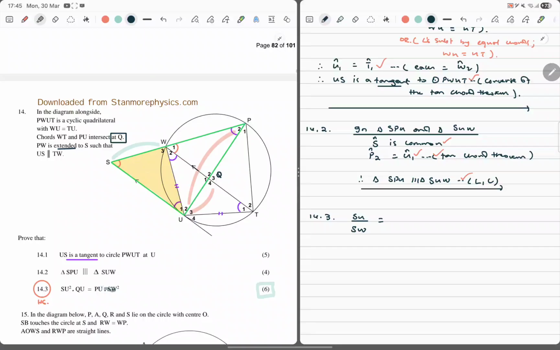But the nice thing is I do not have a choice. PW is already giving me the vibes. Sorry, not PW, but PU. PU is opposite that angle. That angle is common, and the side opposite that is UW. Okay? So it doesn't help me.